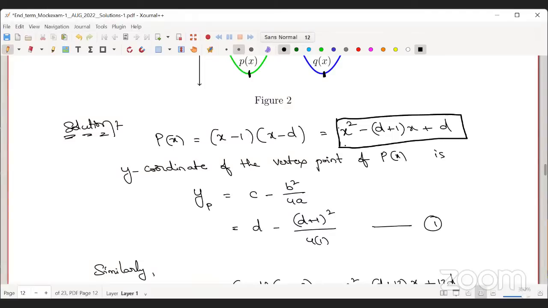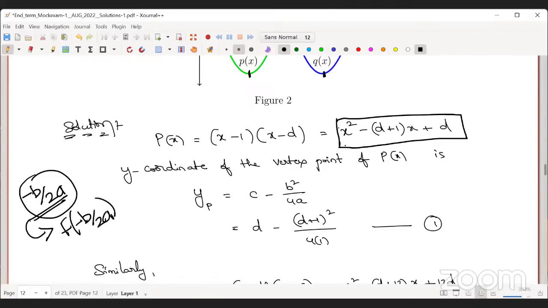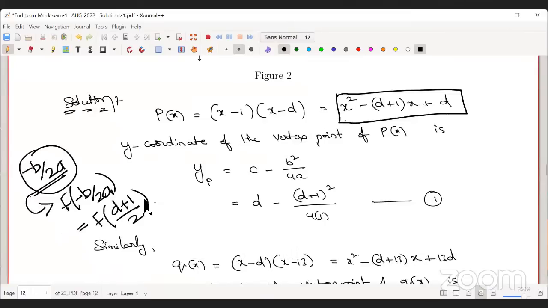What is the vertex of a quadratic polynomial? Minus b by 2a is the x coordinate, and f(minus b by 2a) is the y coordinate, right? And here minus b by 2a is basically (D plus 1) by 2. So if you compute f of (D plus 1) by 2, you will get this.